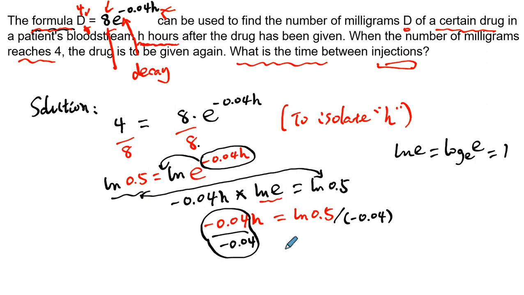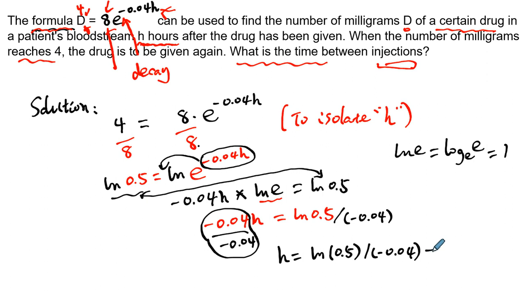So on your calculator, you should have h equals natural log 0.5 in parentheses, divided by negative 0.04.